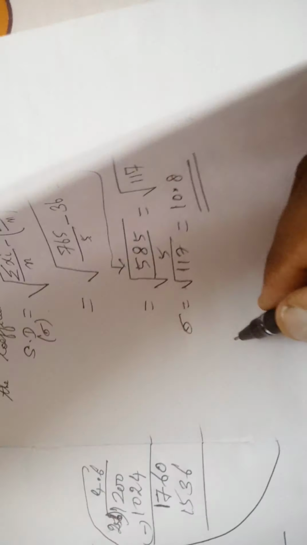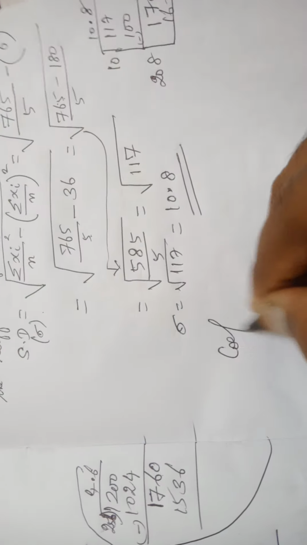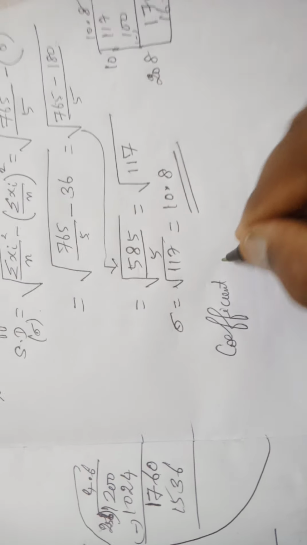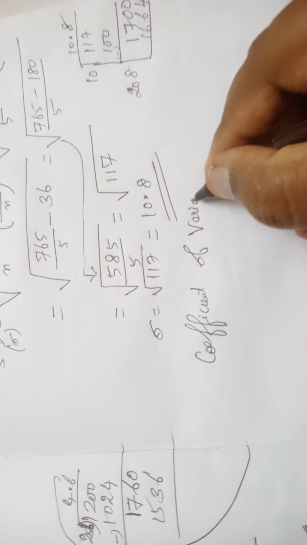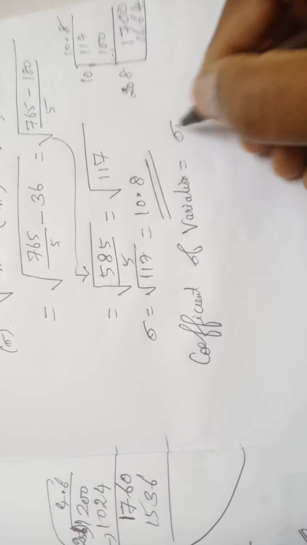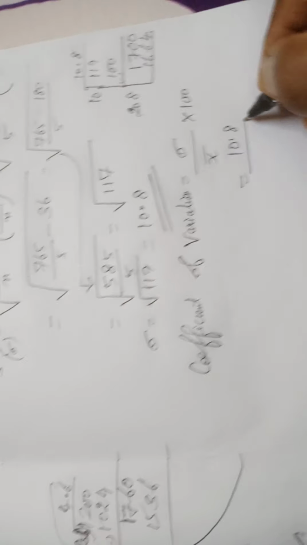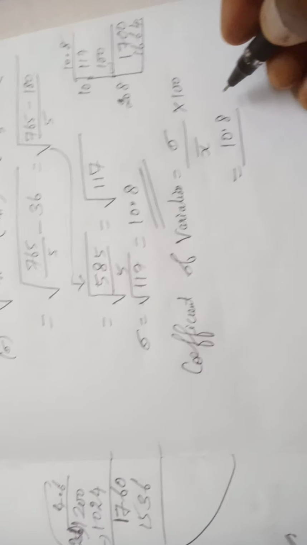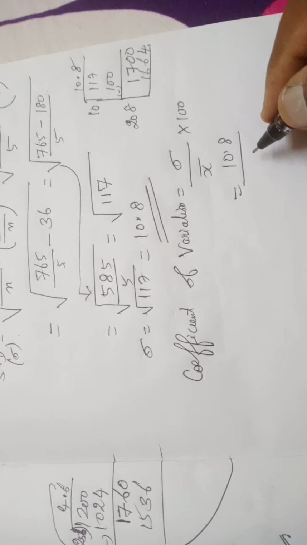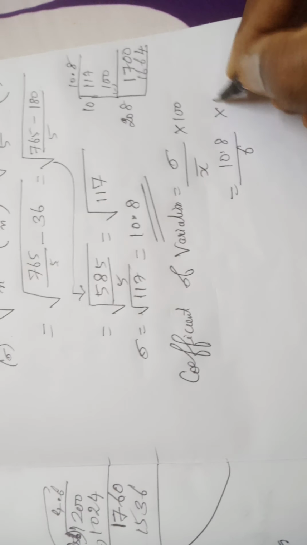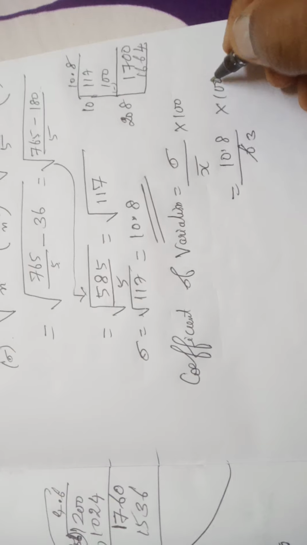Now we need to find the coefficient of variation. Coefficient of variation is standard deviation by mean into 100. Standard deviation is 10.8 by x bar. Mean value is 6, into 100. 3 2s are 6.